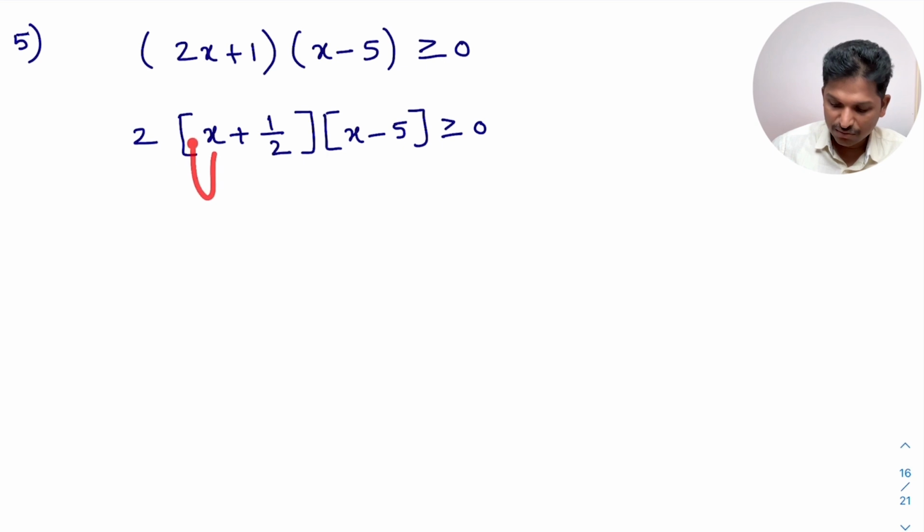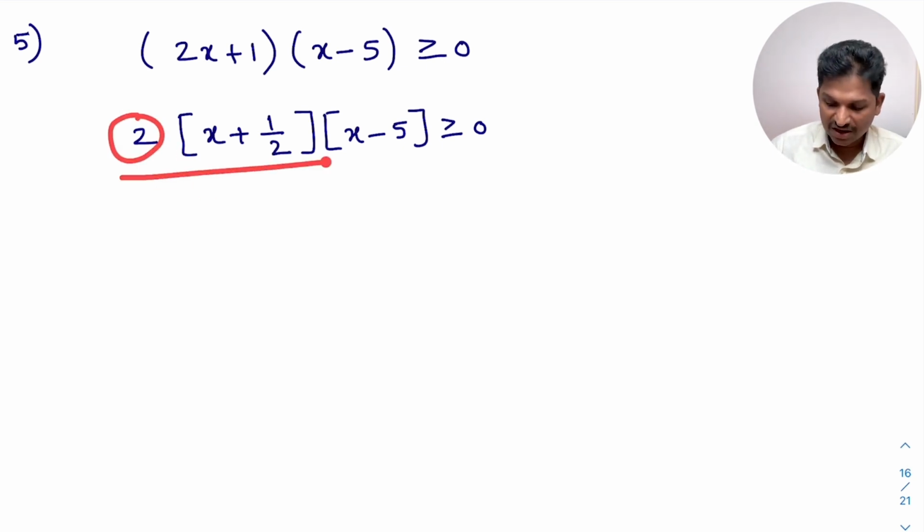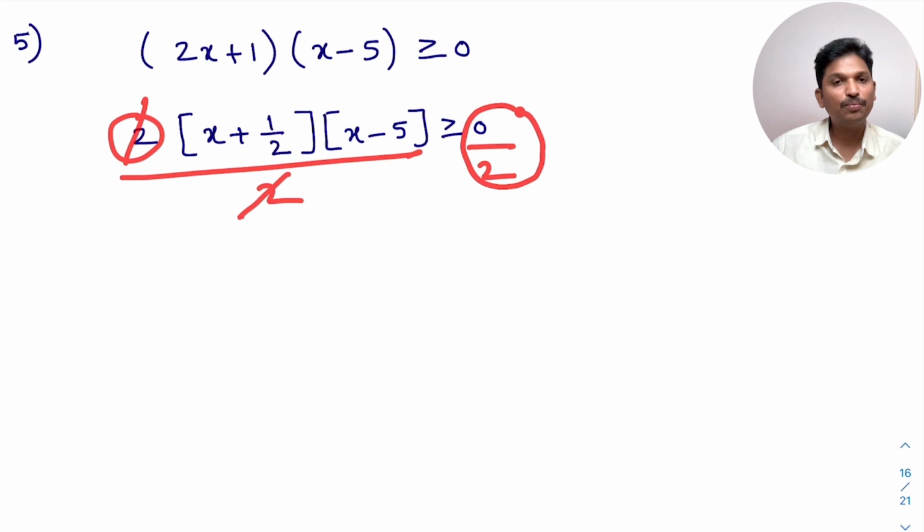Now you see the x coefficient is 1 now, right? As 2 is there here, I'll divide both sides by 2. So this 2 will get cancelled, and 0 divided by 2 is 0. For an inequality, if you divide with a positive real number, the sign of the inequality remains the same, that you learned in the rules of inequalities.